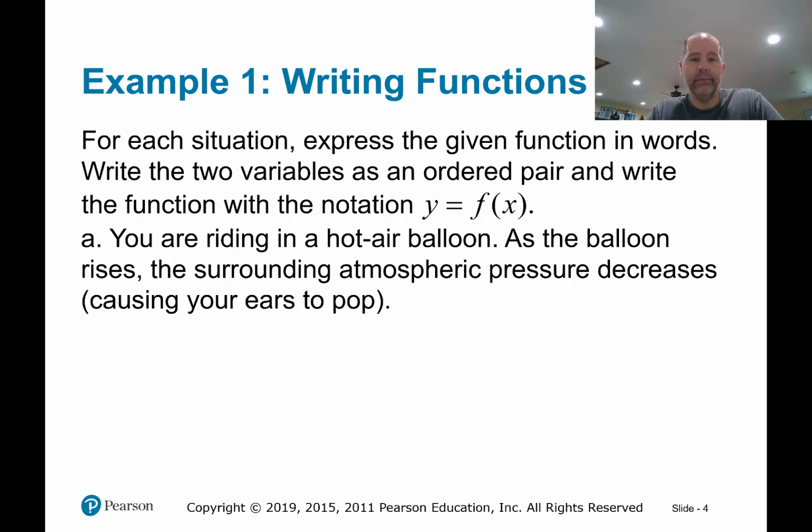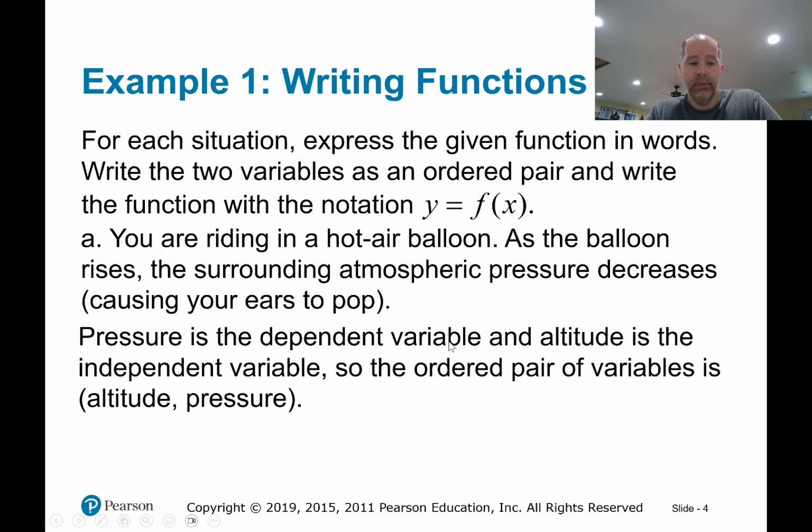In this case, what is dependent on what? The air pressure is dependent on the height of the balloon. So pressure is the dependent variable and altitude is the independent variable.